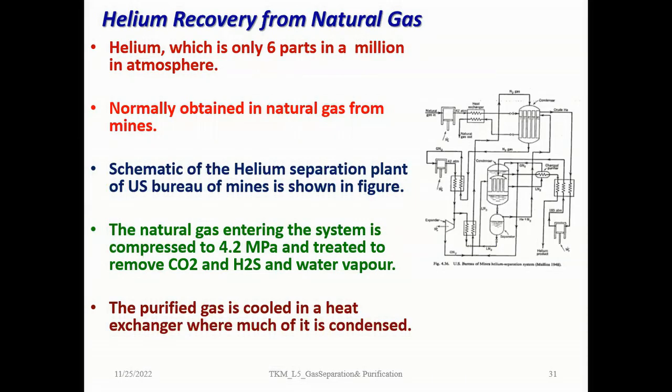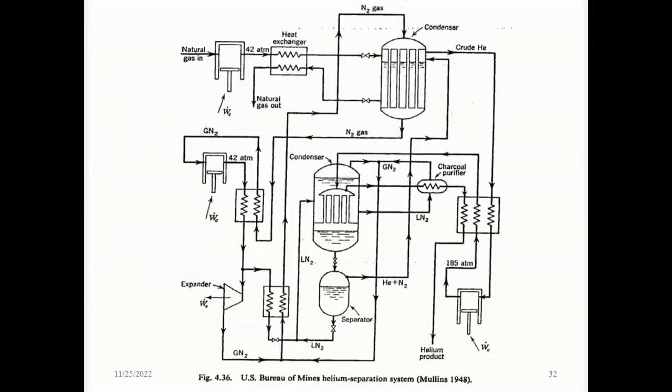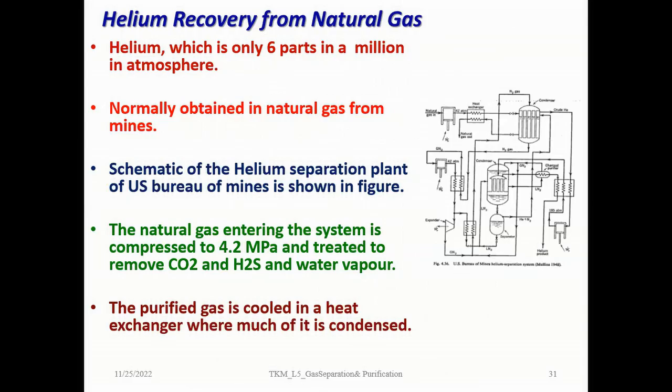The natural gas entering the system is compressed to about 4.2 megapascal and is treated to remove carbon dioxide and hydrogen sulfide as well as water vapor. The purified gas is cooled in a heat exchanger where much of it is condensed.